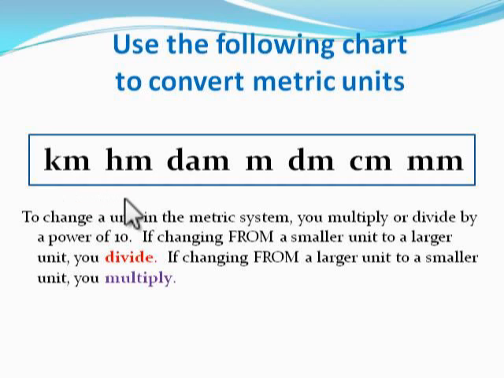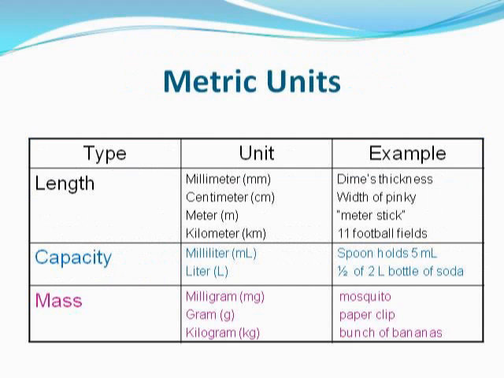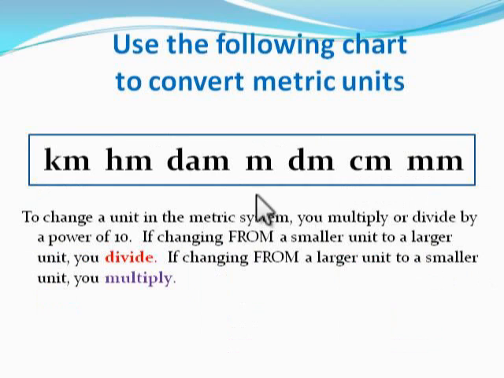This would be considered our metric chart. If you remember from the last slide, we didn't have this many length measurements. In fact, we had 4. But you'll notice that in the chart we have more, and that's because each one represents one of those powers of 10. Our one right in the middle is our base. So that actually is just worth 1. This is a decameter. Decameters are 10 meters.